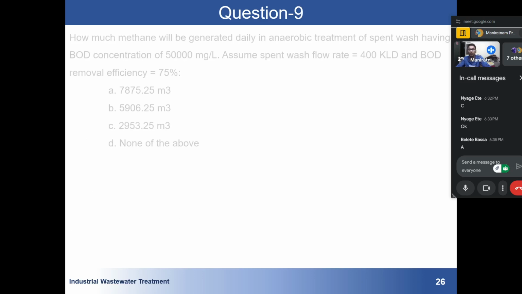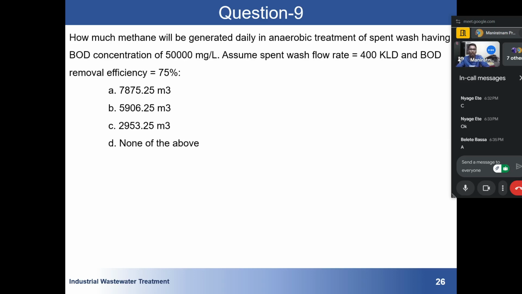So coming to the numerical question, I request everyone to solve it. It is a really easy question. It says that methane is generated in anaerobic treatment.